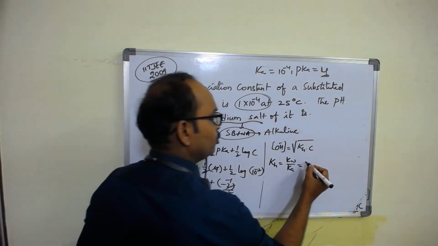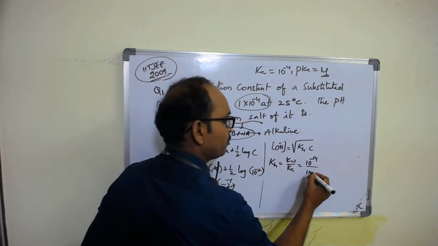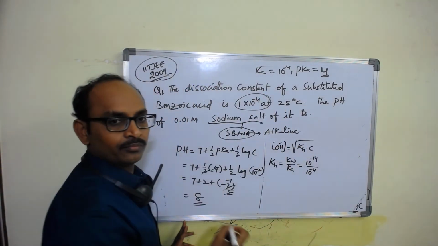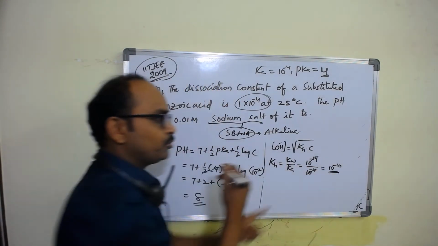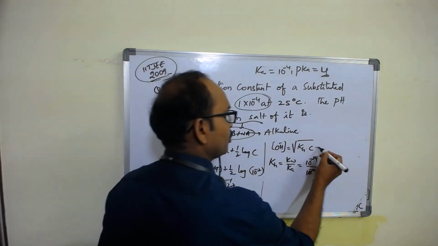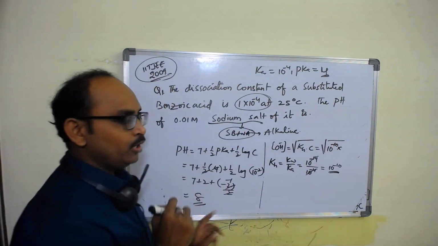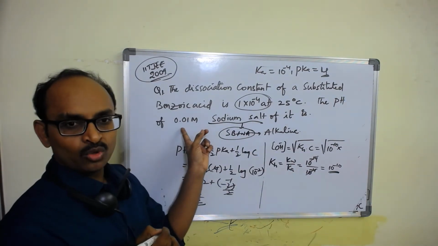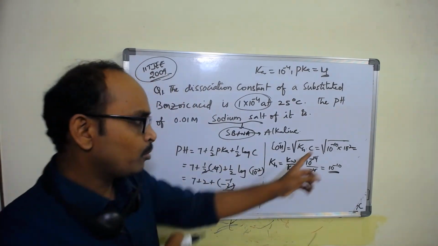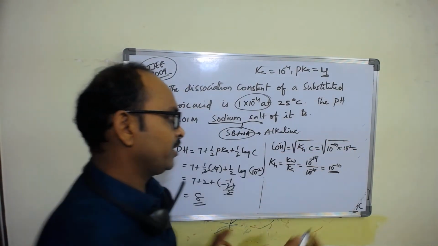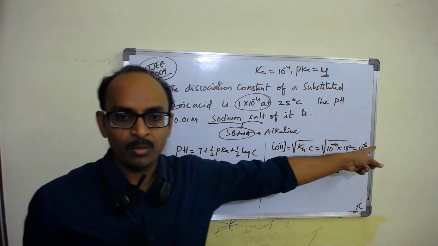What is Kw? 10 power minus 14 by what is Ka? 10 power minus 4, given in the question. So this is 10 power minus 10, which we substitute in this. Square root of 10 power minus 10 into what is C? 10 power minus 2. This is 10 power minus 12, and under root it is 10 power minus 6. So OH minus is 10 power minus 6.